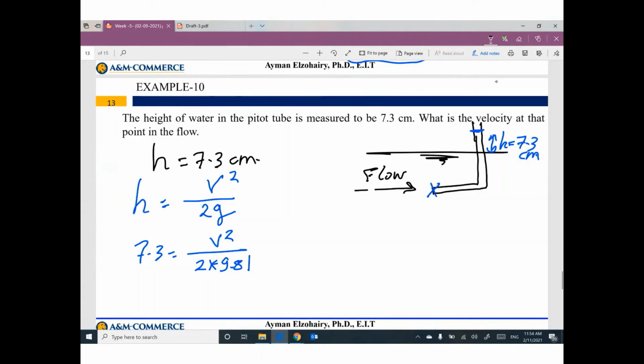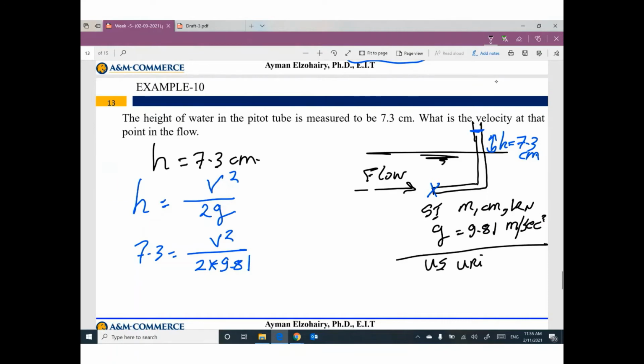If you are talking about SI units, which is meter, centimeter, kilonewton, g equals 9.81 meter per second squared. If you are talking about US units, which is feet, inch, pound, g equals 32.2 feet per second squared.